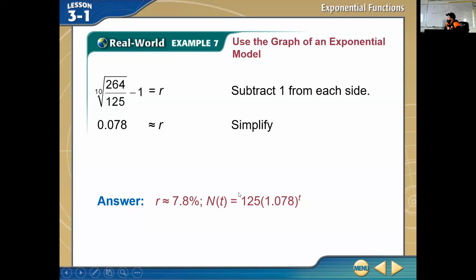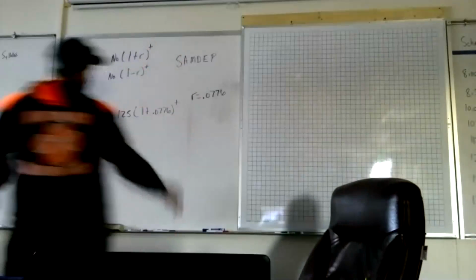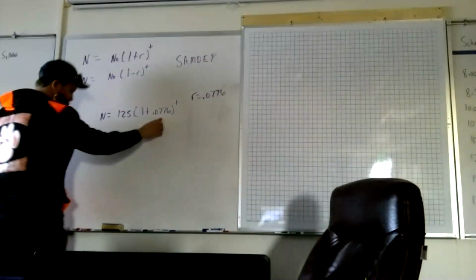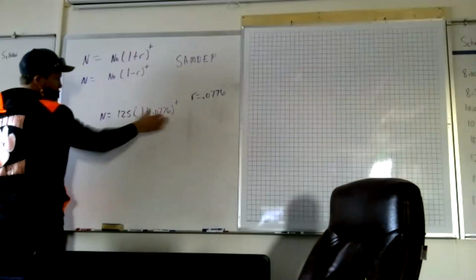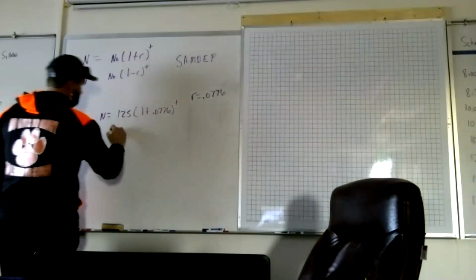Our equation is 125 times 1.078 to the t. The only thing I didn't do is round this, because this will round up. And then they just add it to 1. So I'll adopt theirs.